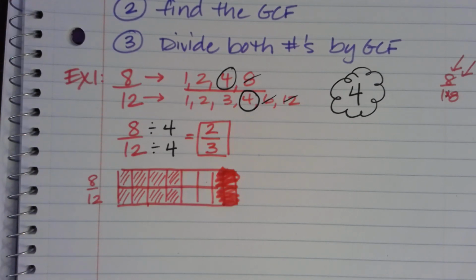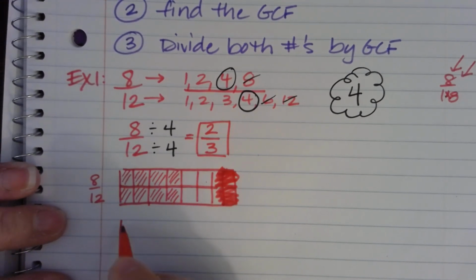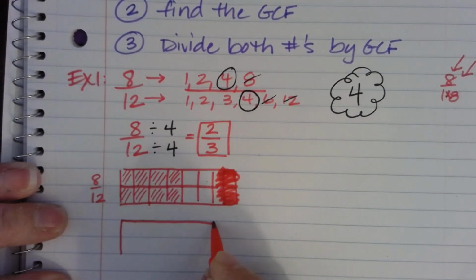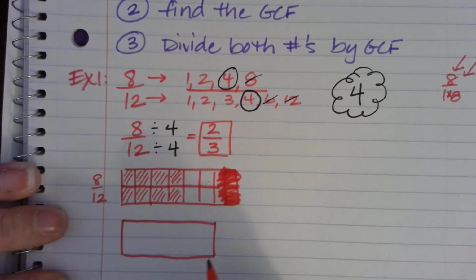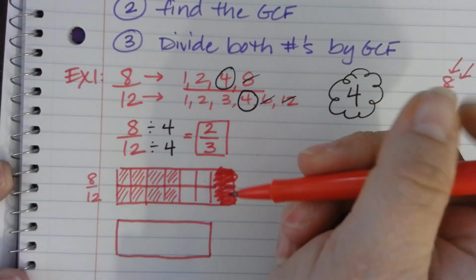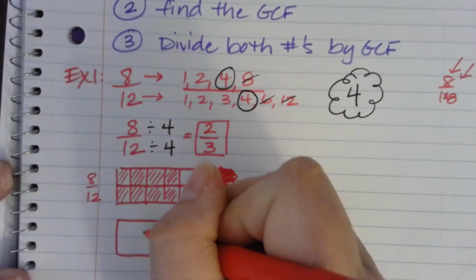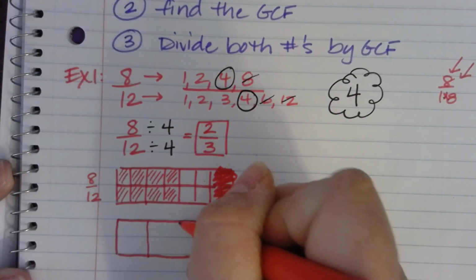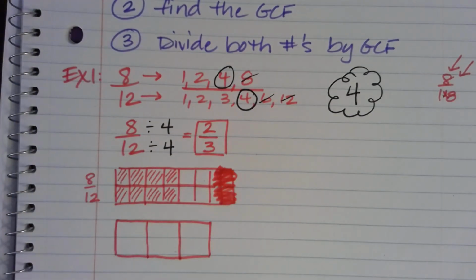Now, I am going to look at what 2/3 looks like. Okay, so let me go ahead and be a little more careful this way. Now remember that you want your visual to be about the same size. However, 2/3 means that I only have 3 pieces. So I'm just going to divide this like that, right?